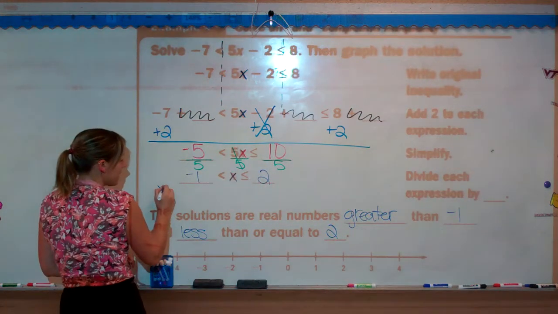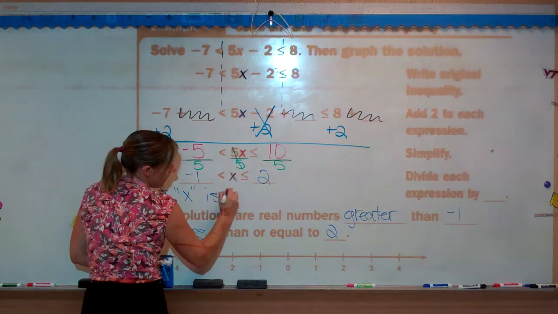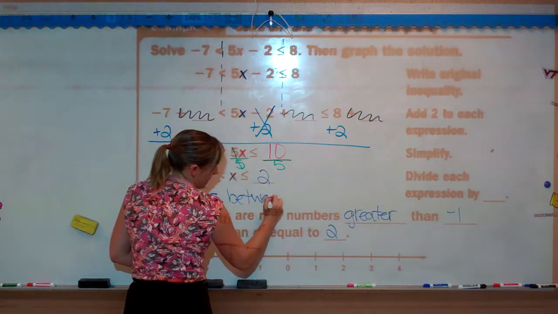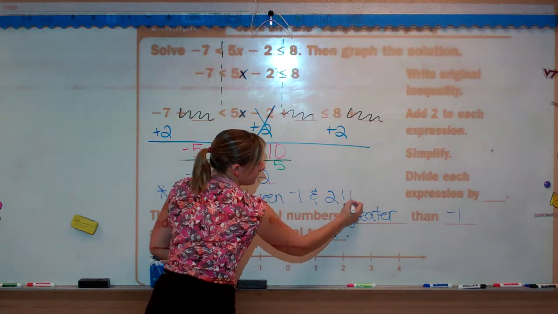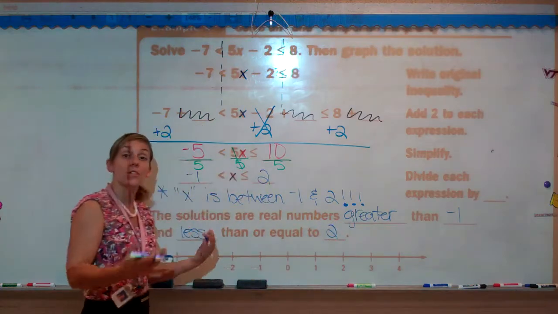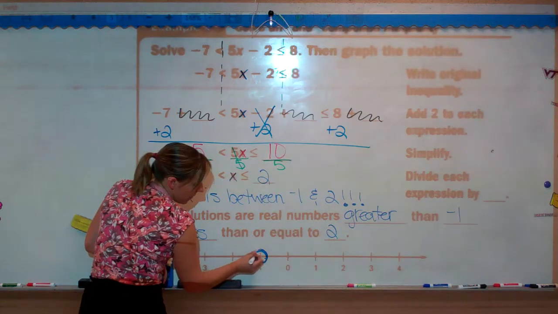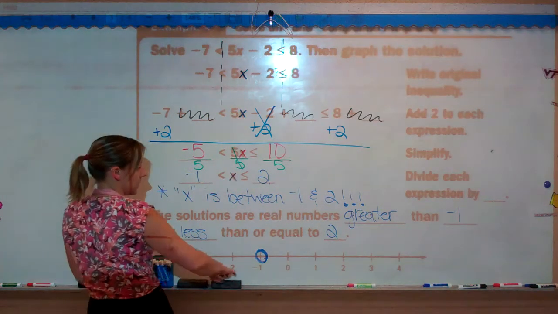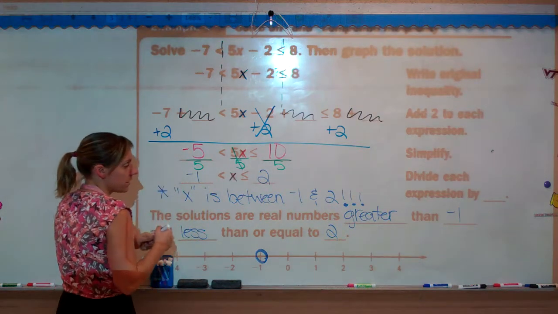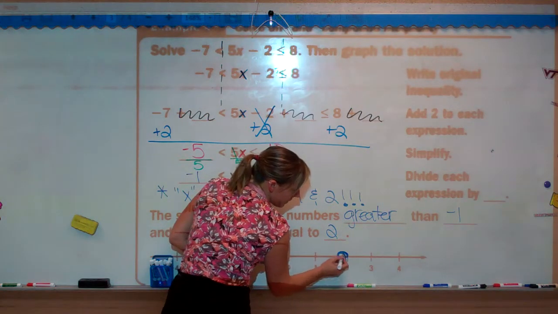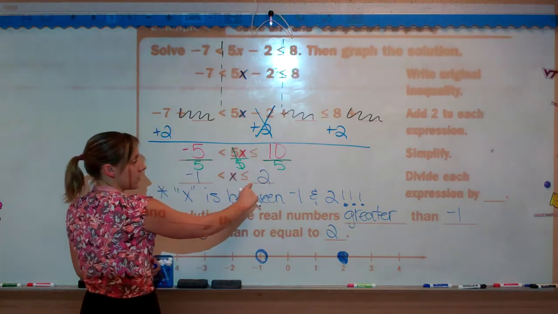Okay, and again, I think of it as x is between -1 and 2. So -1 down here, it's an open circle because there's no equals. +2 up here, it's a closed circle because it is equal to 2.